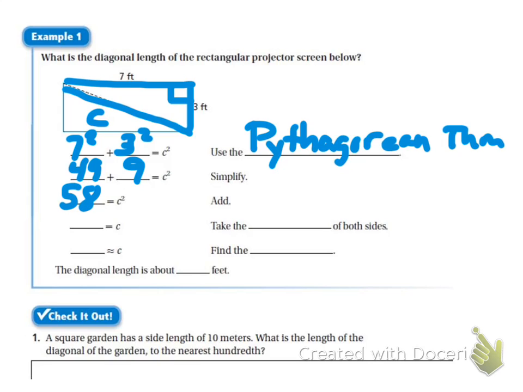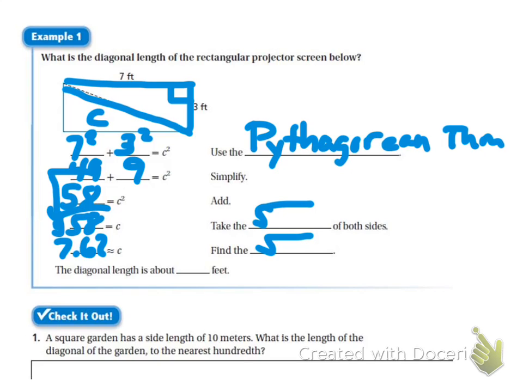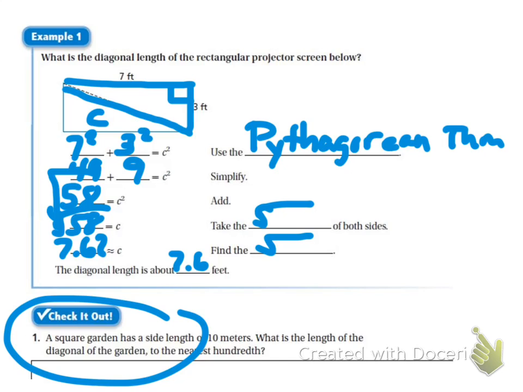And then I take the square root of 58, and the square root of 58 is 7.62. That is correct. So we found that it was about 7.62 feet. Okay, please pause the video and do check it out number 1 on your own.